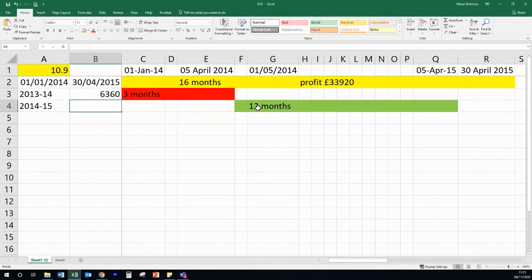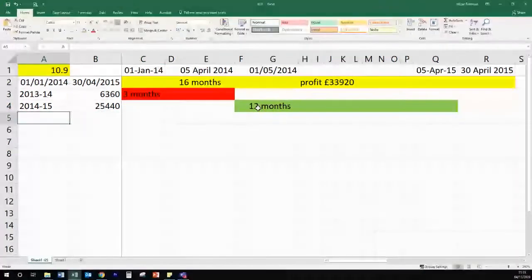For this time period, the total profit for 16 months is 33,920 times 12 divided by 16. So our profit would be this much. Now the third year needs to end at the actual date if the second year has not ended.